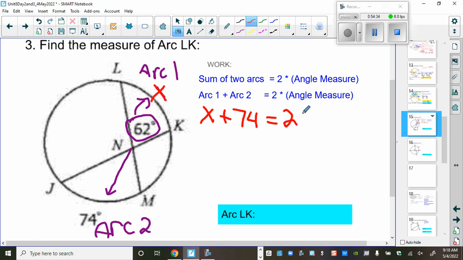And then what's our angle measure? How many degrees is our angle here? 62. All right.